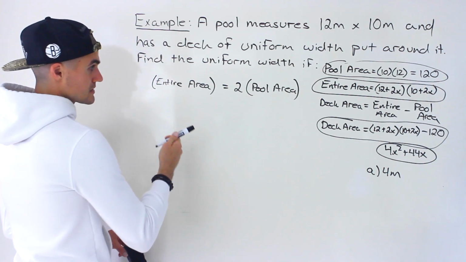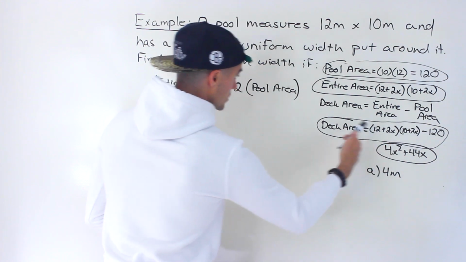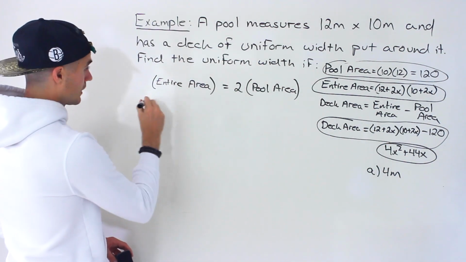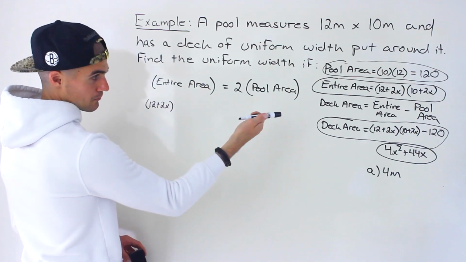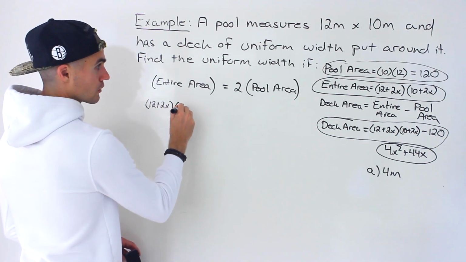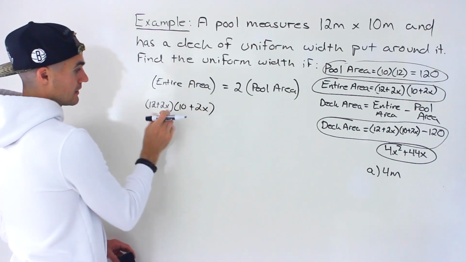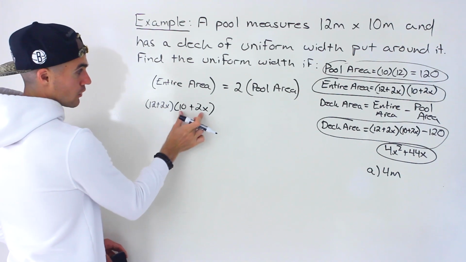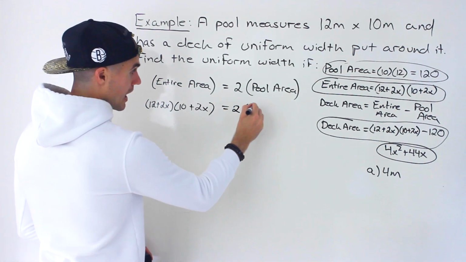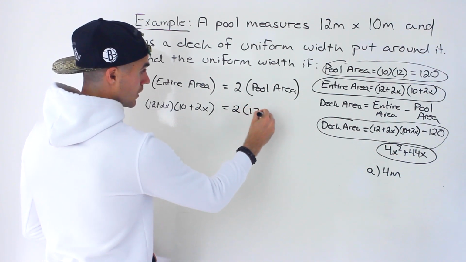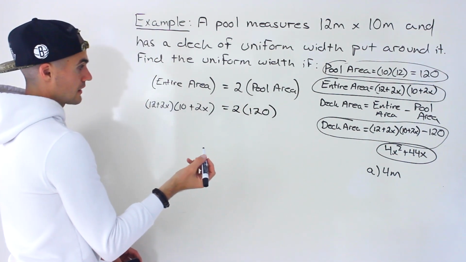Now instead of plugging in this expression on the left side, we're going to plug in just those two brackets, and the difference is just that minus 120 is not going to be there for the entire area, right? It's just that large length times that large width, that's the entire area, and that's going to be 2 times the pool area, which is 120, like that.